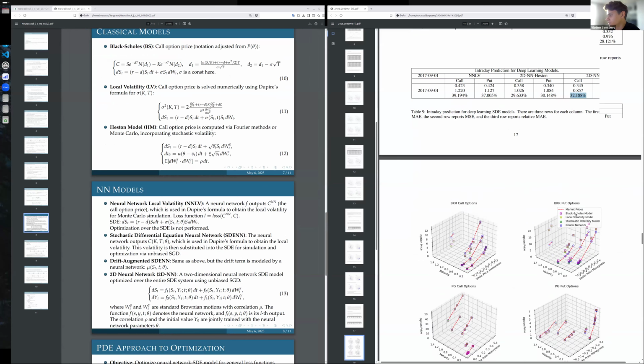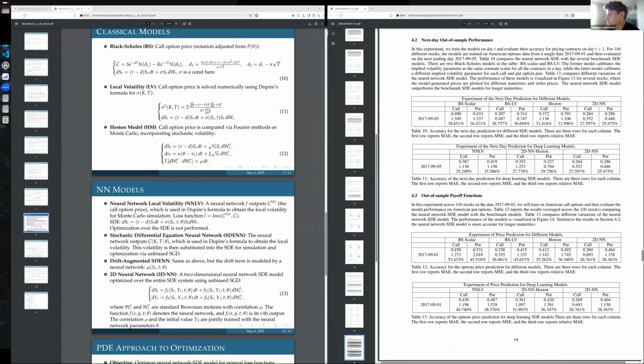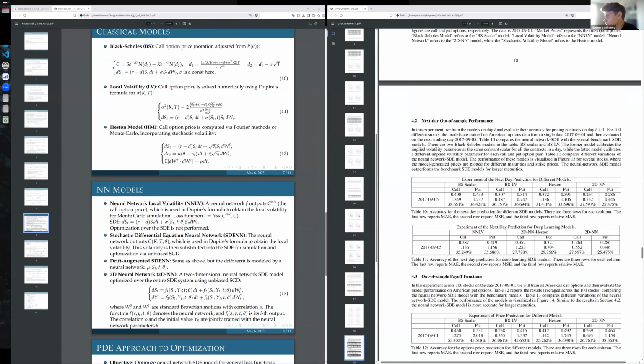Again, the two-dimensional neural network does better than classical models. And for next day prediction here, again, the two-dimensional neural network model predicts price better than classical models.